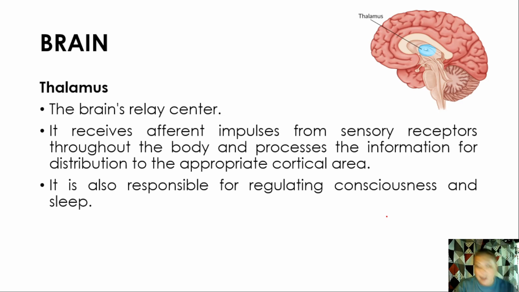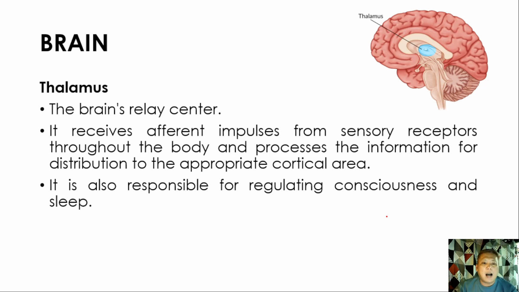Next is the thalamus. This is the brain relay center. So, it receives afferent impulses from sensory receptors throughout the body and processes the information for distribution to appropriate cortical area. So, ibig sabihin siya yung nagsasend, kaya siya yung relay area, siya yung nagbibigay ng information.